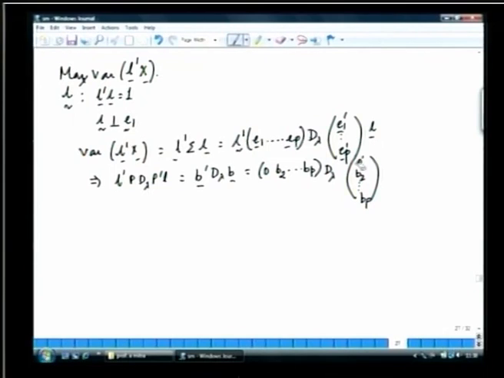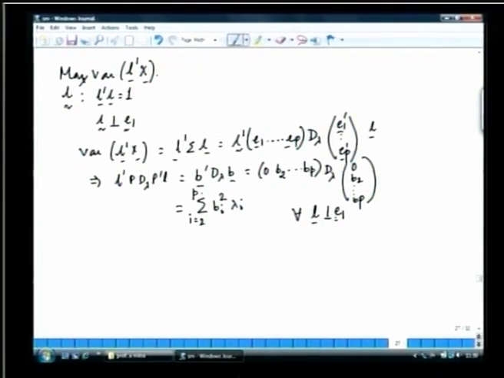So, we are talking about the elements of the B vector, the elements of the B matrix. So, I have 0, B2 to BP. So, this is like a summation Bi square lambda I from 2 to P. So, this is obviously for all L which is orthogonal to E1.